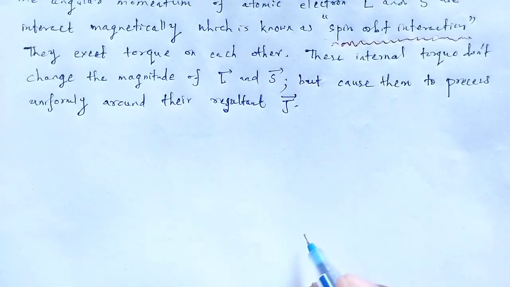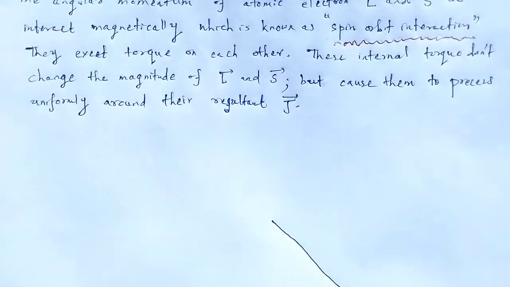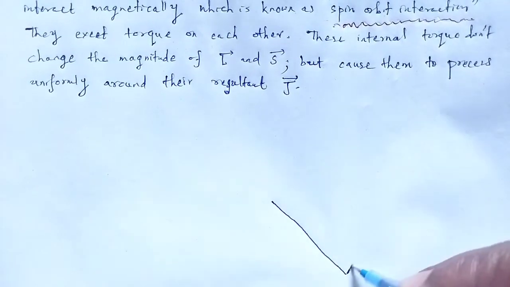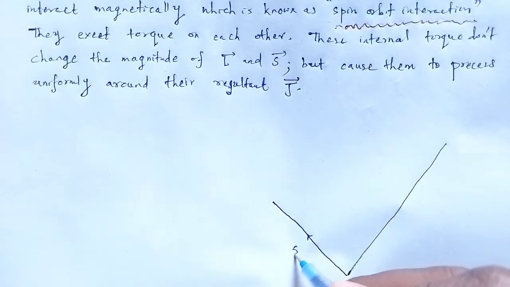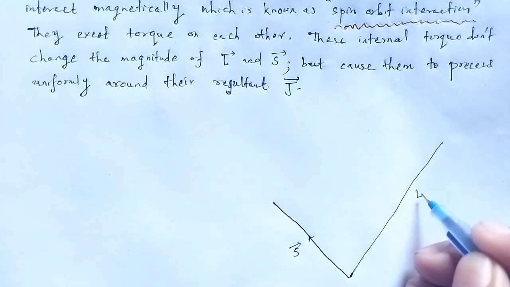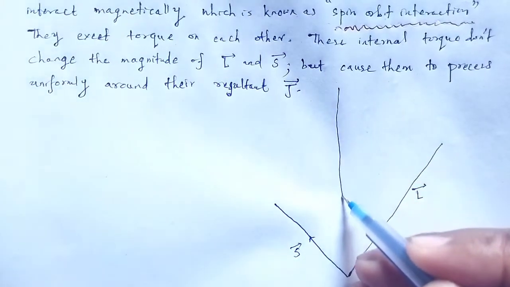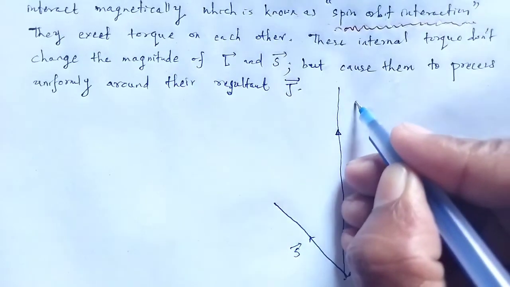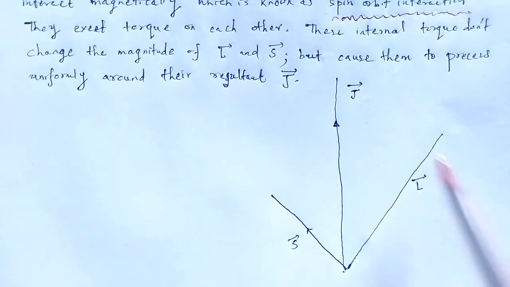I took a figure here. That is S, that is the L vector. So the resultant will be the J vector. That precesses; this is the precession of spin.